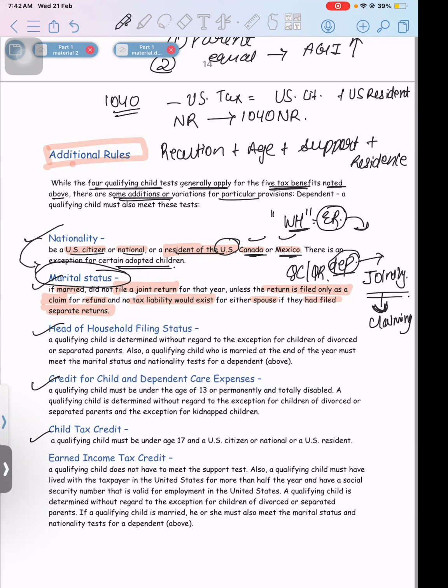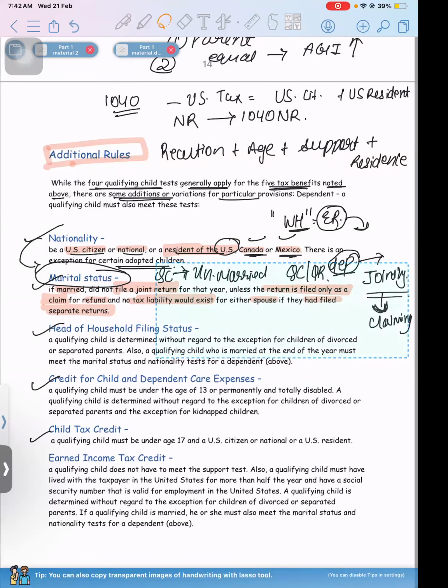It is mandatory to file a tax return to claim a refund. So just for claiming a refund, if he's filing the return with someone else, that's fine. Else the child's qualifying child status should be unmarried, or they should not be filing the return with someone else.